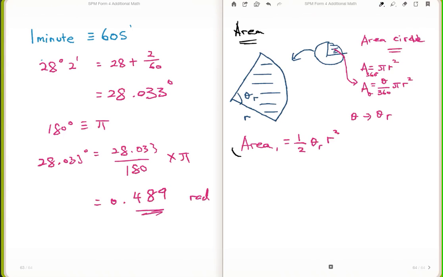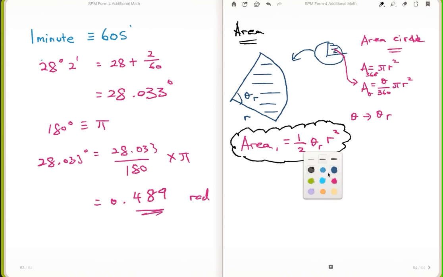Now, you may prove it later, and this is the equation. The proof is rather simple. If you manage to prove it, you may pause this video and try to prove it. You don't need to know how to prove it, but I just let you know that they are interrelated.